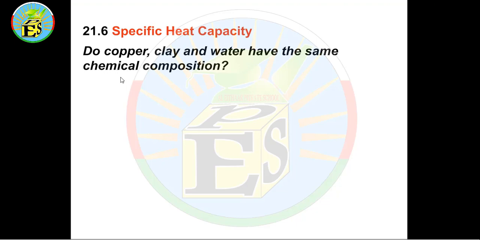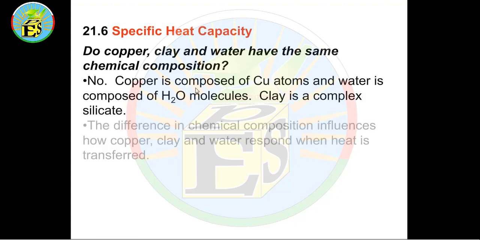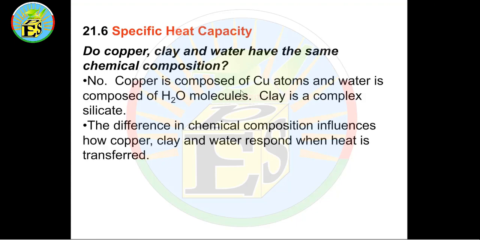Specific heat capacity. Do copper, clay, and water have the same chemical composition? No, they are different. Copper is composed of Cu atoms and water is composed of H2O molecules. Clay is a complex silicate.